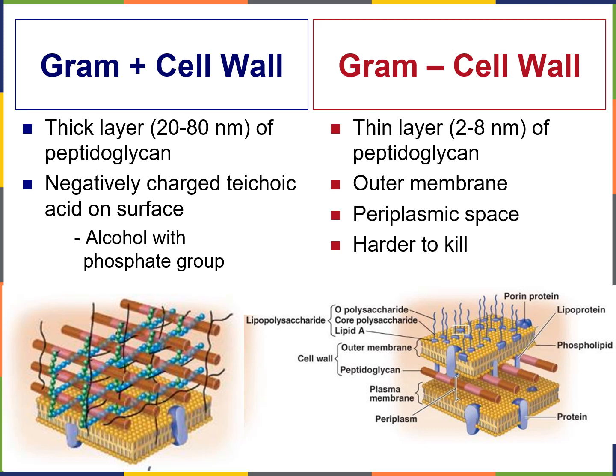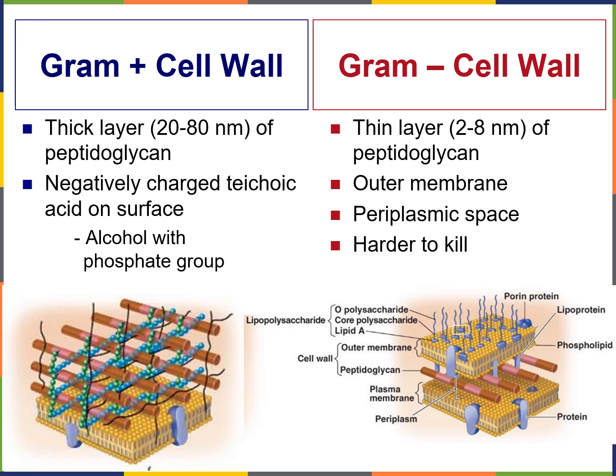They do have an inner plasma membrane, or inner phospholipid bilayer, which can be seen in yellow. But that very thick layer of peptidoglycan is loosely woven, and you can still make out the strands of NAG and NAM and all of those peptides that are involved in forming the peptidoglycan.